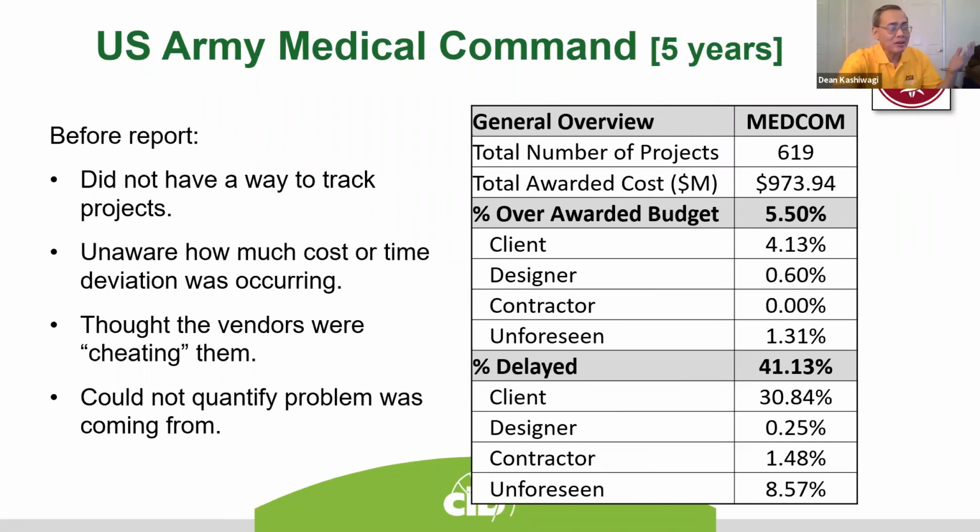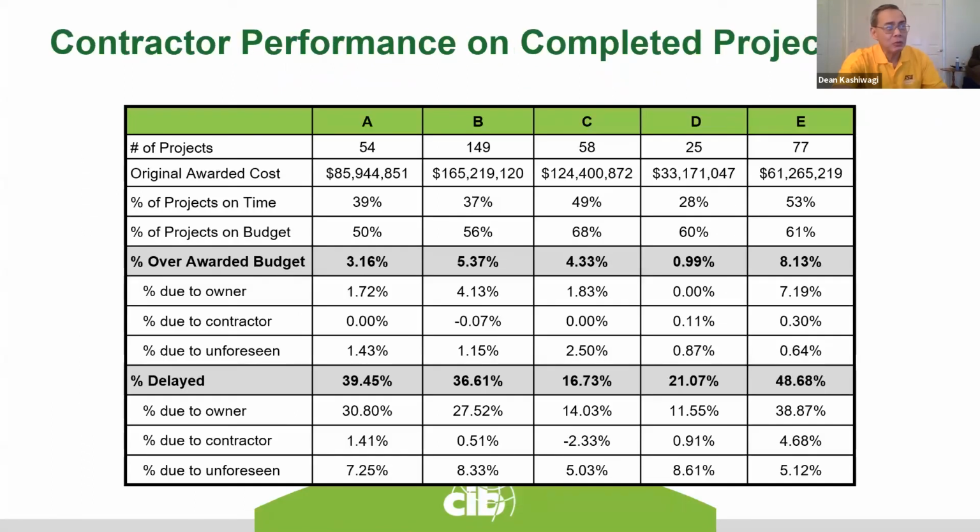So the U.S. Army Medical Command, you can see total awarded costs, almost $1 billion at this time, over 5 or 6 years. You can see the contractor generated risk. It's at 0%. And we could track any contractor doing this.